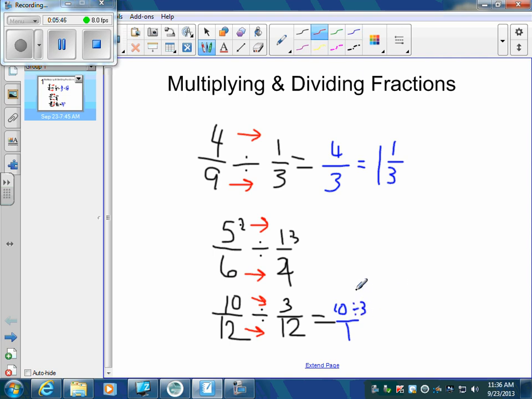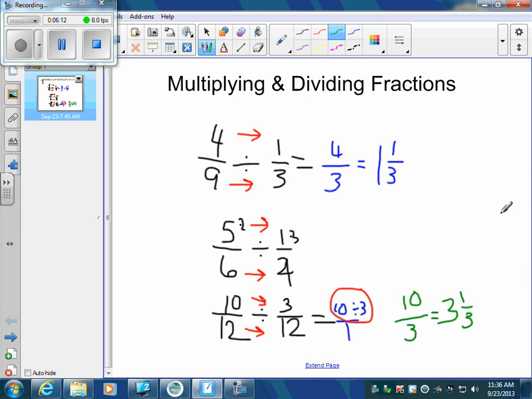The 1 is taken care of, so now I just have to focus on my numerator, and I'm going to rewrite it as 10 divided by 3. And that's an improper fraction, so again I have to simplify it. 3 goes into 10 3 times with 1 left over, and I keep my denominator.